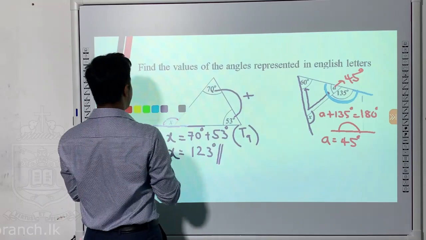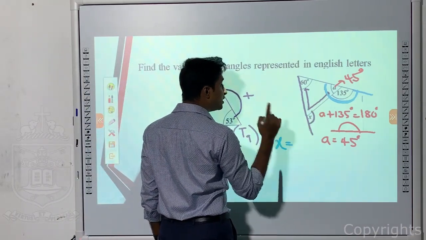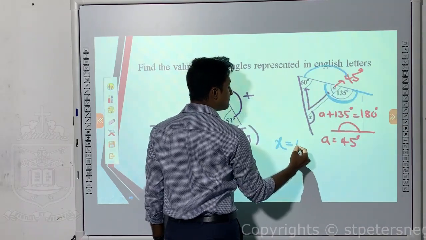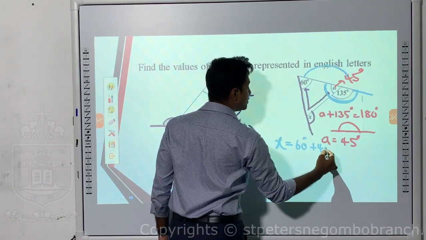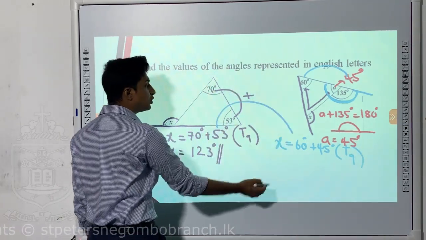Now I can apply that to find the answer of x. So x will be equal to the addition of 45 and 60. Why? Because of the theorem we just took.